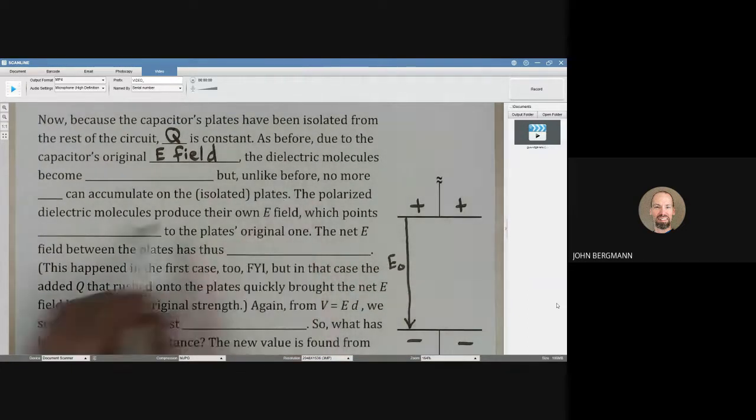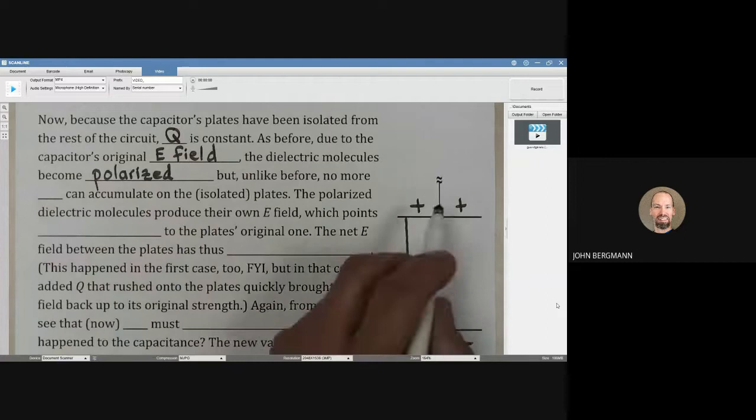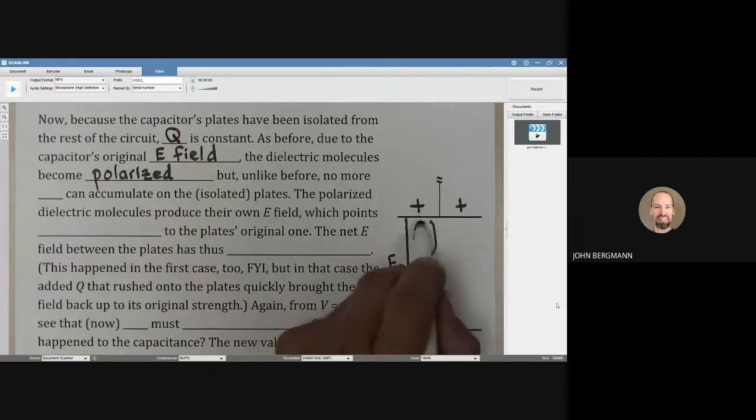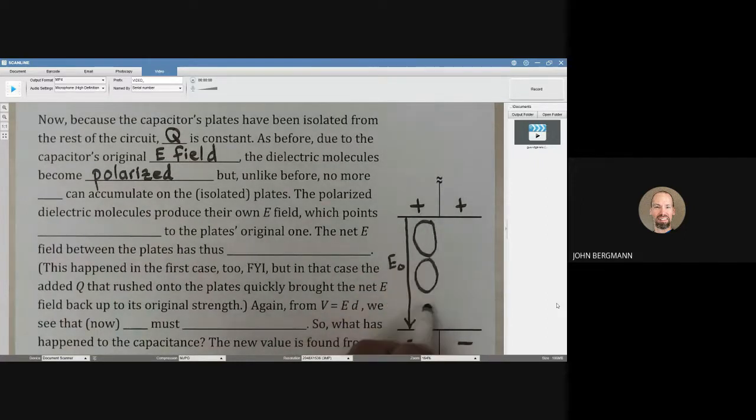The dielectric molecules become polarized. Let me draw a couple of dielectric molecules in here, blow them up nice and big so we can see them. Once again, the electron clouds are going to shift so that we have some kind of charge distribution within each of those dielectric molecules that looks like that.